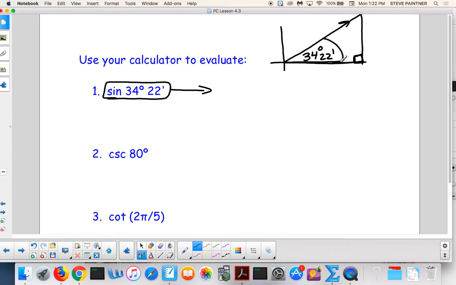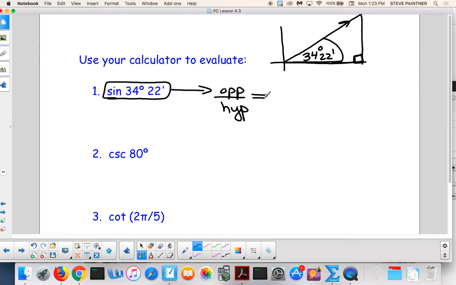I'm trying to draw you a 34-degree looking triangle. I want sine. This is exactly what your calculator's doing. Your calculator's just taking the opposite side and it's dividing by the hypotenuse and it's giving you a number.